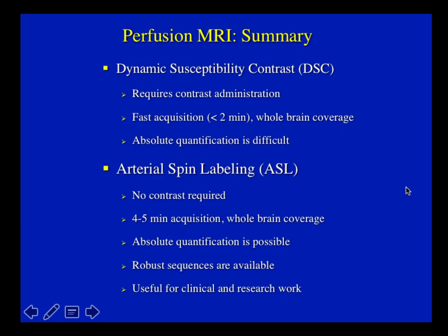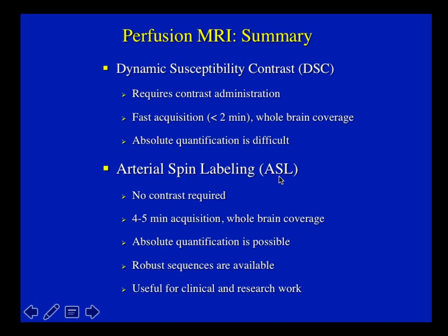So I think we have covered a lot, and so here's to summarize. We talked about dynamic susceptibility contrast, and that it requires external contrast administration, and the acquisition is quite fast. That allows whole brain coverage, but the absolute quantitation is a little bit difficult without extra calibration data.